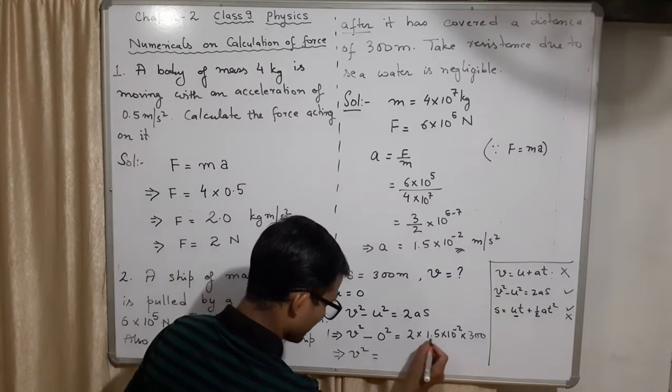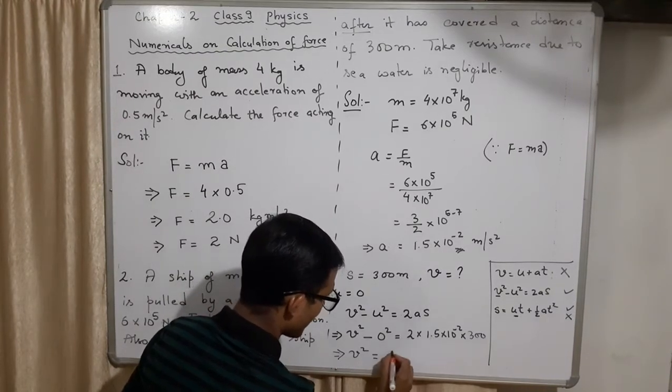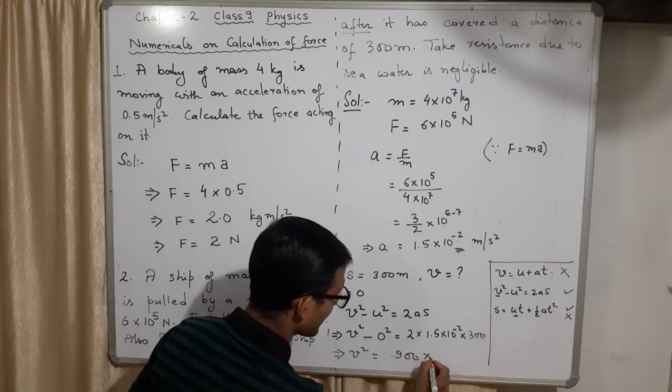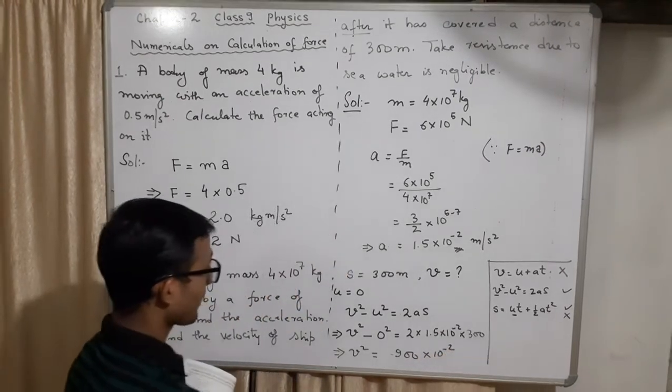v square equal to, multiply them, 1.5 into 2 into 300. 1.5 into 2 is 3, 3 into 300 is 900 into 10 to the power minus 2.